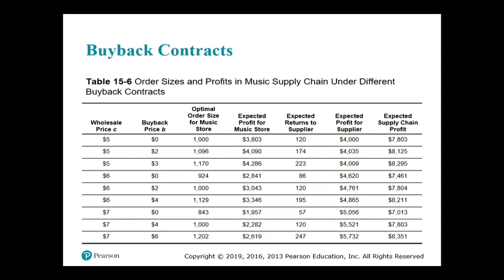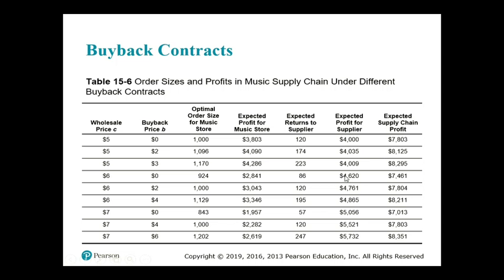And in designing the contract, what we're going to do is to look at combinations of the wholesale price and the buyback price. Each combination will lead to different total supply chain profit and different distributions of this profit among the two parties.